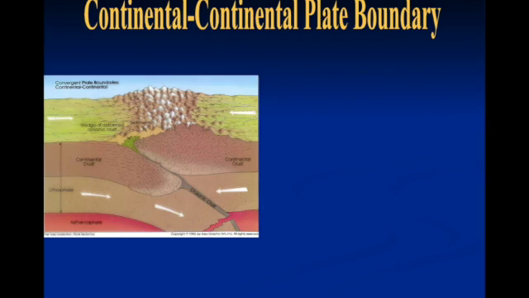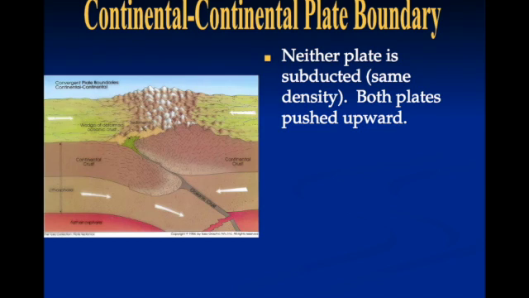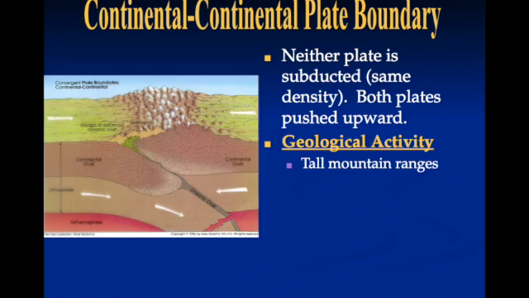The big thing with continental to continental plate boundaries is that there's no subduction going on, because both plates have the same density. They're continental crust, the same density rock. If they're the same density, neither of them gets pulled underneath, and the result is that both plates get pushed upward.